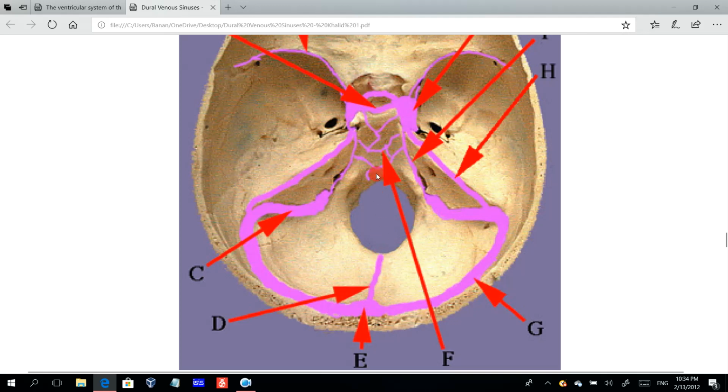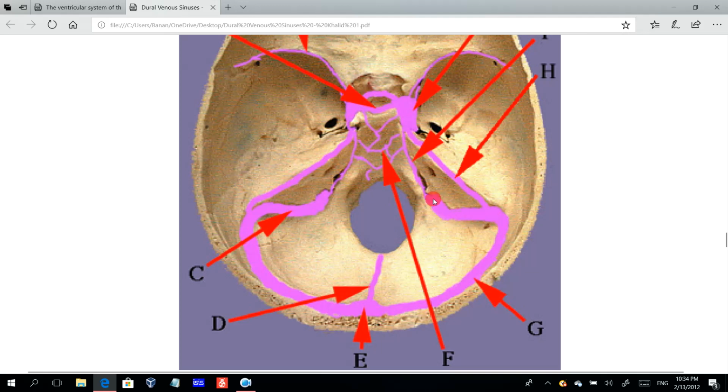It also has an inferior extension to, or communication with, the internal vertebral venous plexus. And of course, this is the transverse sinus. This is the left transverse sinus, and this is the right transverse sinus. And here it bends in an S shape. This S-shaped sinus is called sigmoid.